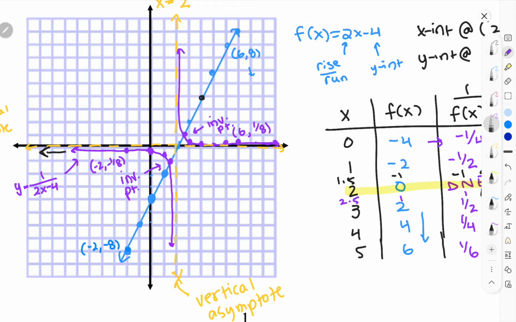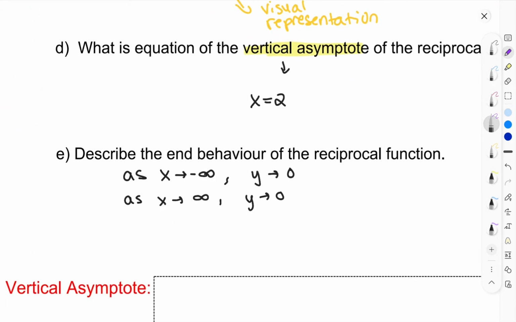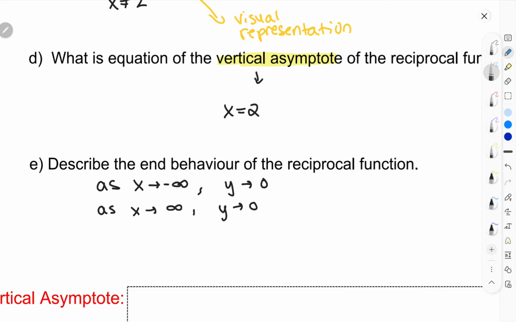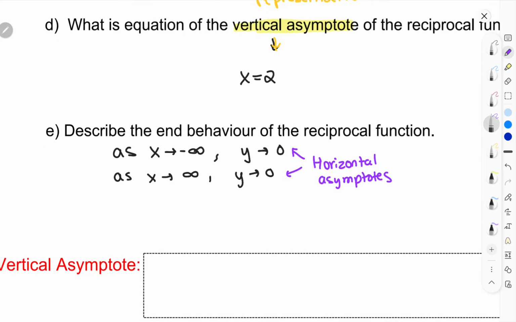So again, getting closer and closer to 0, but I'll never be able to reach 0. So this is what tells me about a vertical asymptote. This behavior, the fact that both of these are approaching 0, is what tells me a horizontal asymptote. And this is the beginning ideas of calculus when we eventually get there.